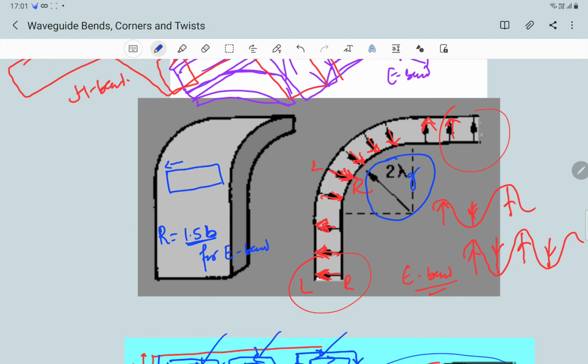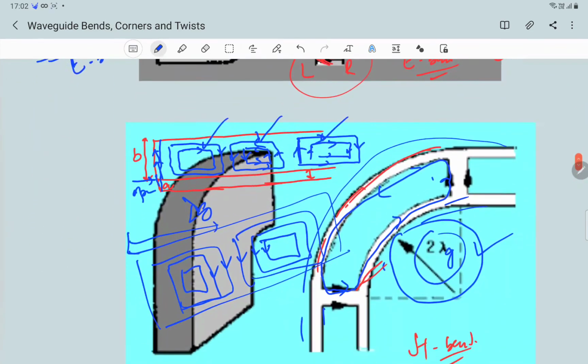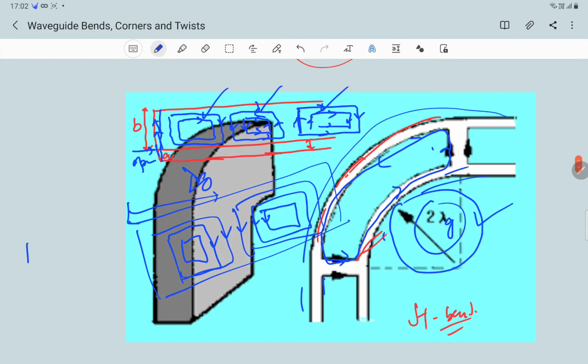This dimension, as we know, is A, and this dimension is B. So for an E bend it is 1.5 times B, and for an H bend the radius should be 1.5 times A.